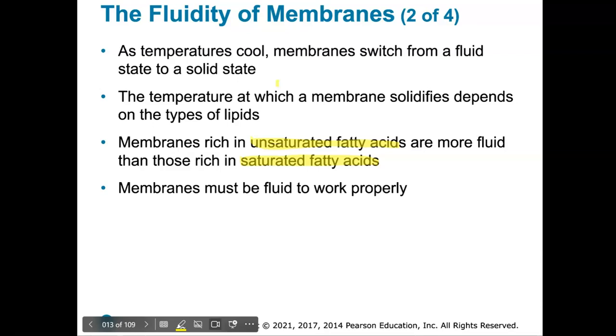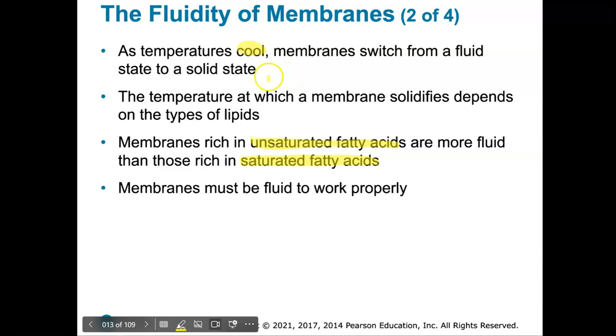So there are organisms that live in cold temperatures, and in cool temperatures, the plasma membrane will actually end up switching from a fluid state to a solid state.